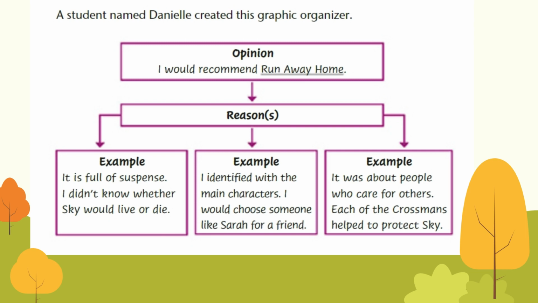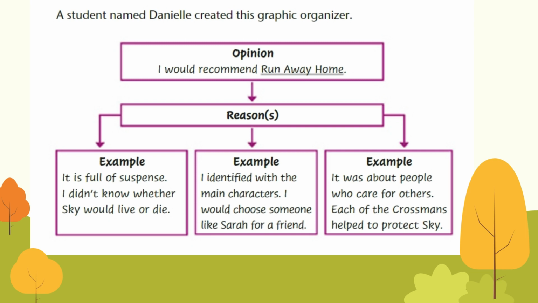For example, she said, because it is full of suspense, I didn't know whether Sky would live or die. So there's one reason why Daniel recommends this text for everyone to read.